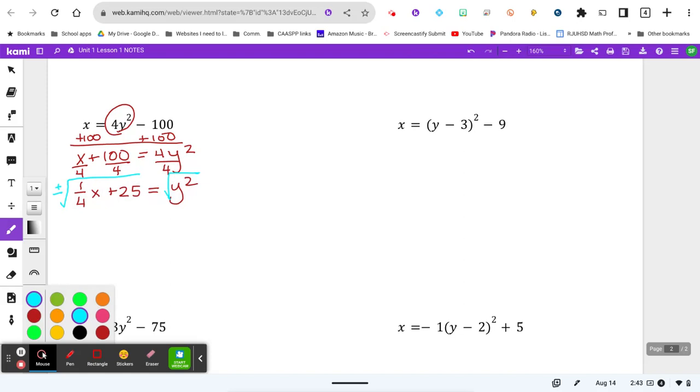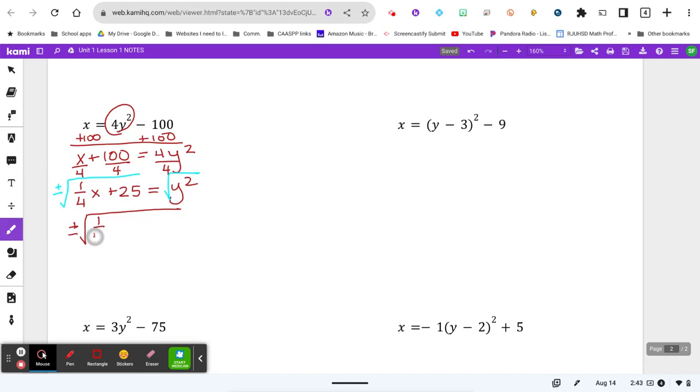So hopefully from IM2 you remember this. And we're going to get the answer to be plus or minus square root, because the answer could be positive or negative. We don't know until we actually solve. 5 equals y. And we will be graphing these yet tomorrow and the next day.